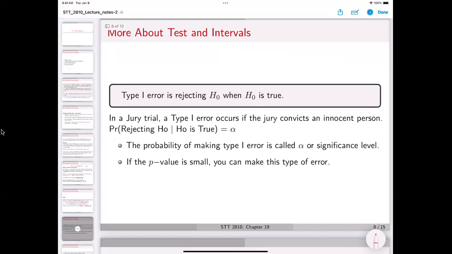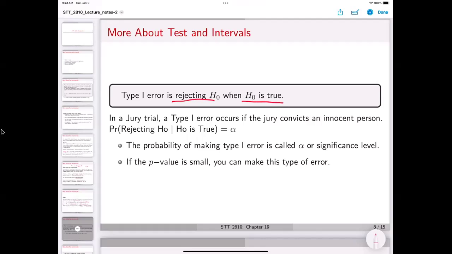What is type 1 error? Type 1 error is when we reject the null hypothesis when in reality it is true. That is type 1 error. So you should take note of that.